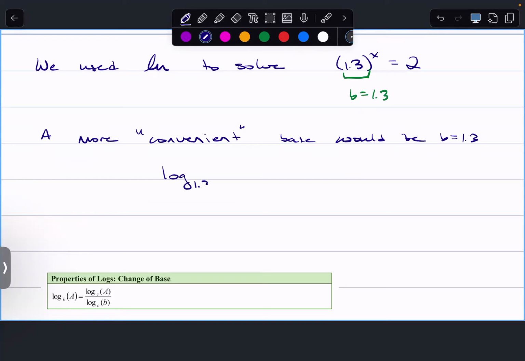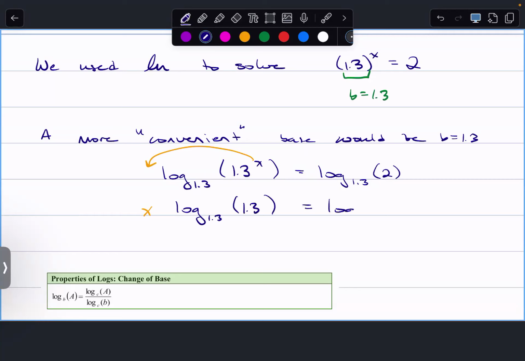The log base 1.3 of 1.3 to the x is log base 1.3 of 2. Same thing applies, I'm allowed to bring this x down front. That's why I'm using the logs. So I get x times the log base 1.3 of 1.3 is the log base 1.3 of 2.